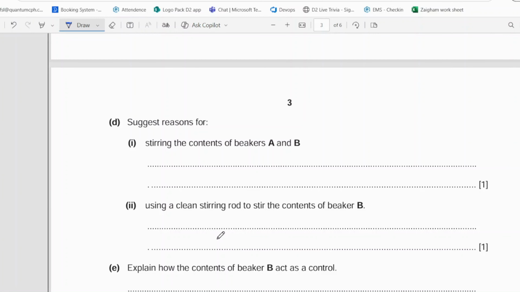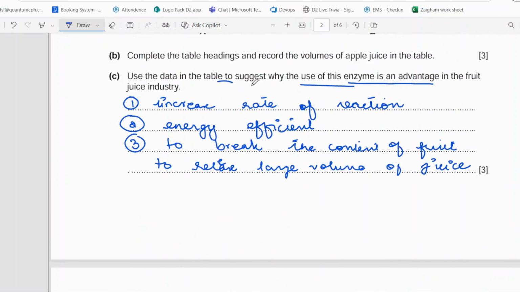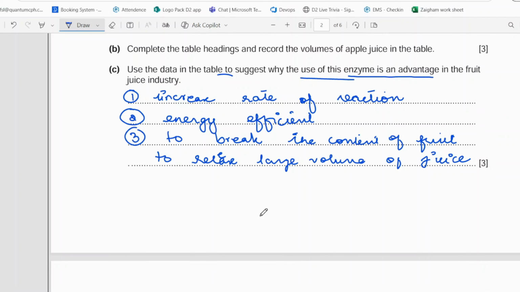Simple. Okay. Why do we stir the content of A and B? Correct. Yes, they have asked about the advantages. Why the use of this enzyme is an advantage in the fruit juice industry.